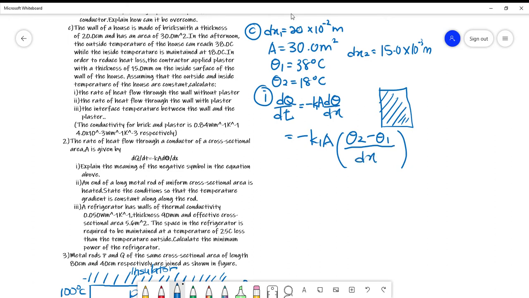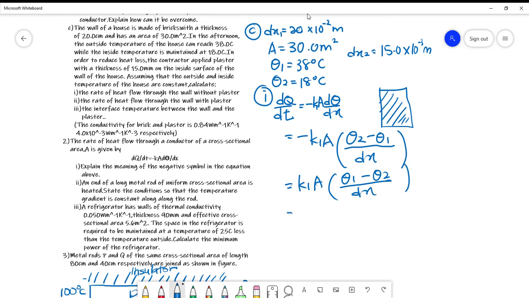So dx is 20 times 10 to the power -2. If I expand this negative inside, what I get is theta 1 minus theta 2 divided by dx.